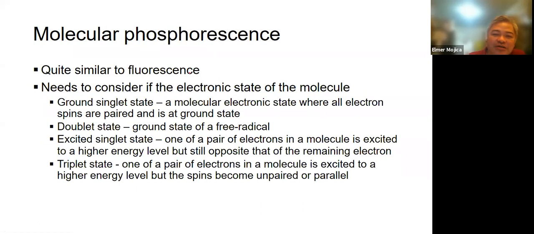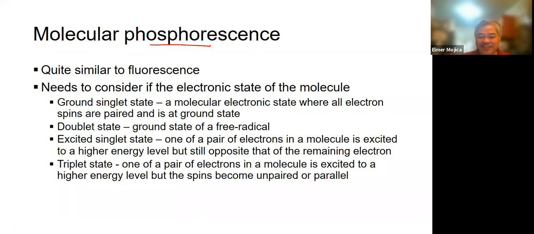Now, let's go with the molecular phosphorescence. To tell you in advance, I don't have any experience of this phosphorescence. But if you look at the principle, it's the same as fluorescence. The only difference that I can tell you about them is what?